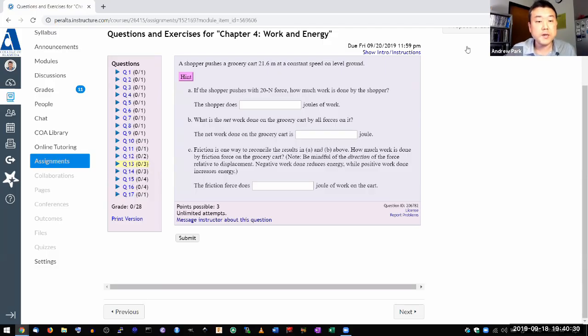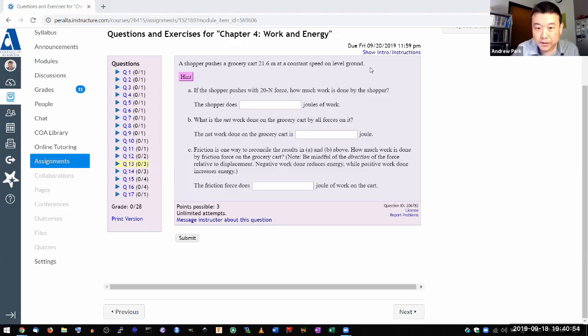So the question says a shopper pushes a grocery cart some distance at a constant speed on level ground. And there are some formulas that you are going to be using. Let me write them on the screen, because people who are here in real time might not have read the chapter yet.